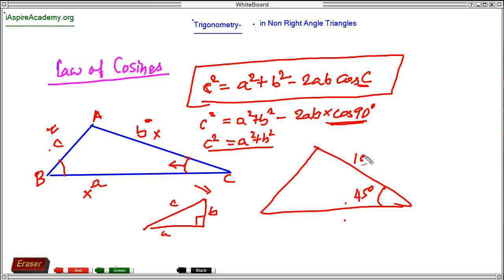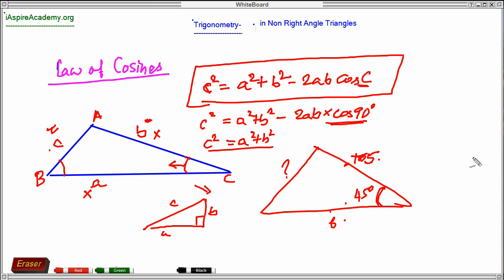Let's say this is 5, this is 6. So you're given this, and you have to find the length of this. In this particular case you can apply the law of cosines, because this law is applied when you know two adjacent sides and the angle between them. So using that you can find the remaining side.